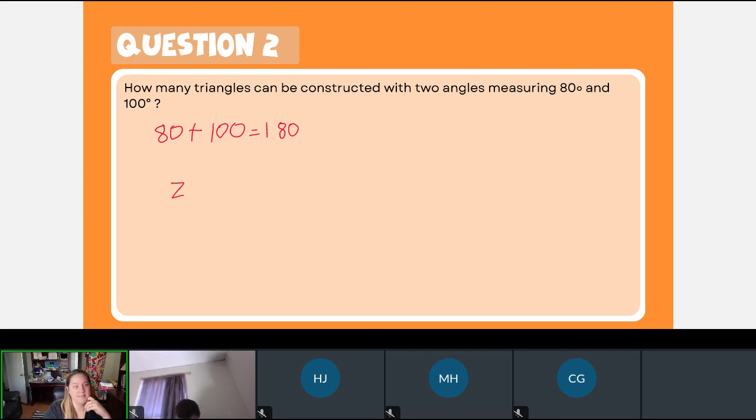So you're going to write 0 would be your answer for number 2. We cannot make any triangles. For number 2, you have the option to choose 0, 1, or more than 1. And you're going to select 0. Okay, about 10 seconds to write that. That's number 2.